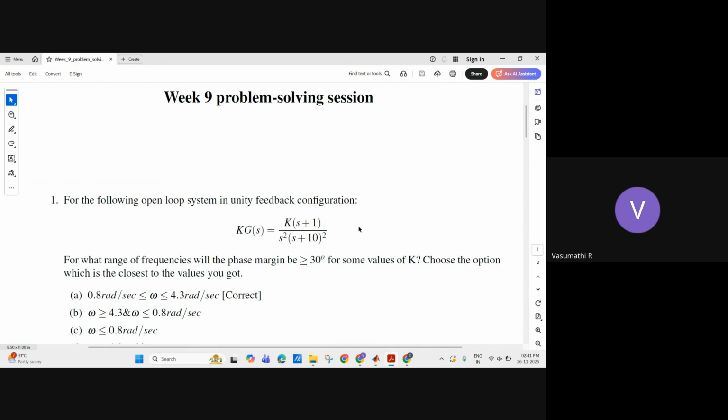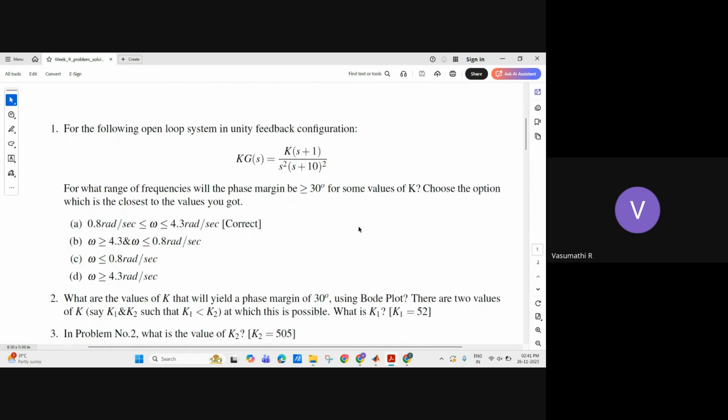To start with, we have this first question. For the following open loop system in the unity feedback configuration, the loop transfer function k into G of s has been given. For what range of values of k will the phase margin be greater than 30 degrees?